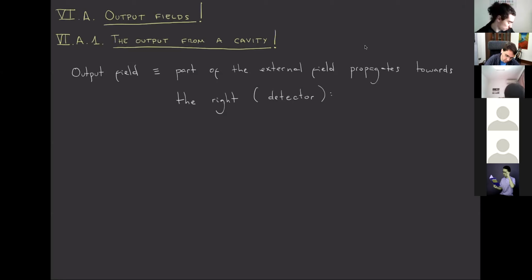In particular, the vector potential associated to that field, we will call it A out, that depends on z and t.